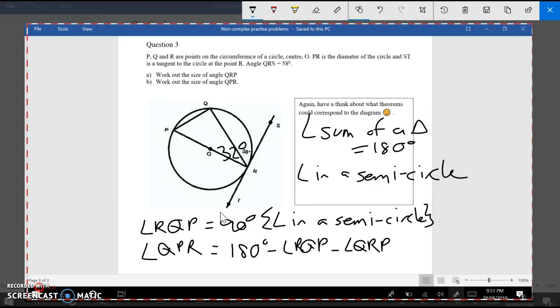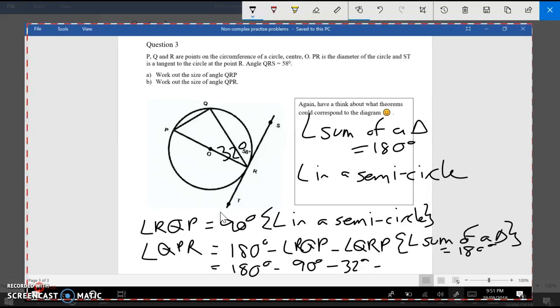Why? Well, that's the angle sum of a triangle, isn't it? I know that angles in a triangle add up to 180 degrees. So that's just going to equal 180 take RQP, which is 90, take 32, which is going to equal 90 take 32, which is 58 degrees. Simple. That's the answer to that question.